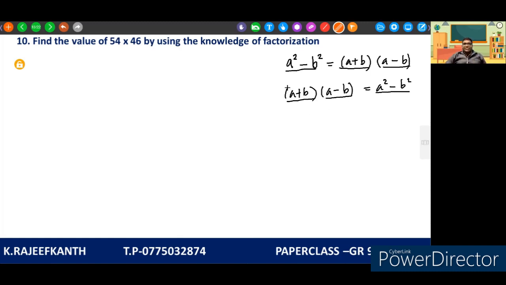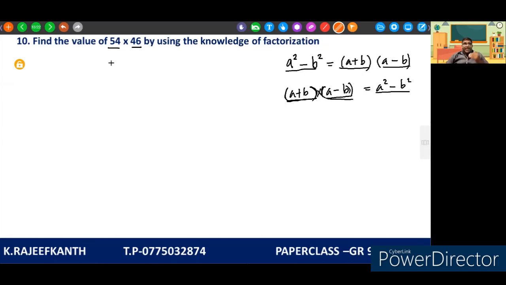Here, these two expressions are a product of two expressions, so we can write it as a squared minus b squared. Here 54 into 46 is a product of two numbers. So we have to arrange these numbers in the format of a plus b into a minus b.